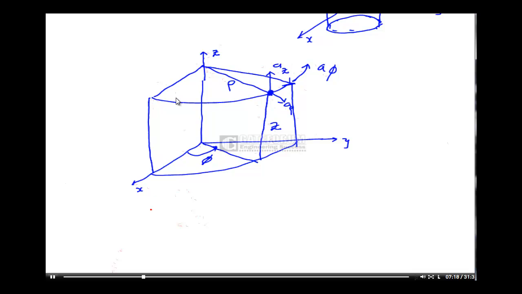Here the important thing is what is rho, what is phi, and what is z. So I can define the variable rho as the radius of the cylinder.